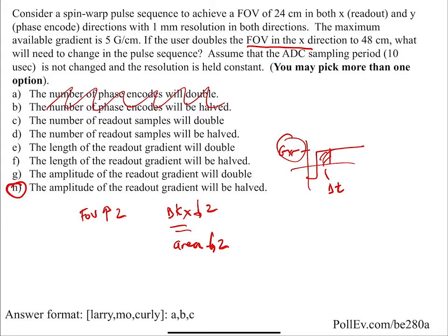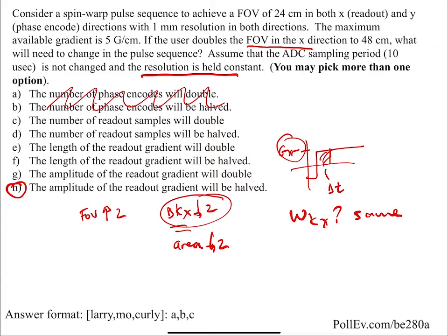Okay. So now let's look at what else is going on. So delta k is down by a factor of 2. Has wkx changed? No, because the resolution is the same. It says resolution is held constant. So my step size has gone down by a factor of 2, but I have to cover the same span in k space, right? So what must be true?